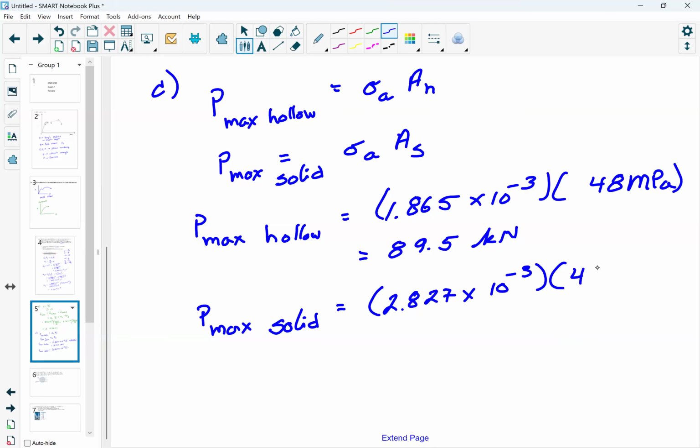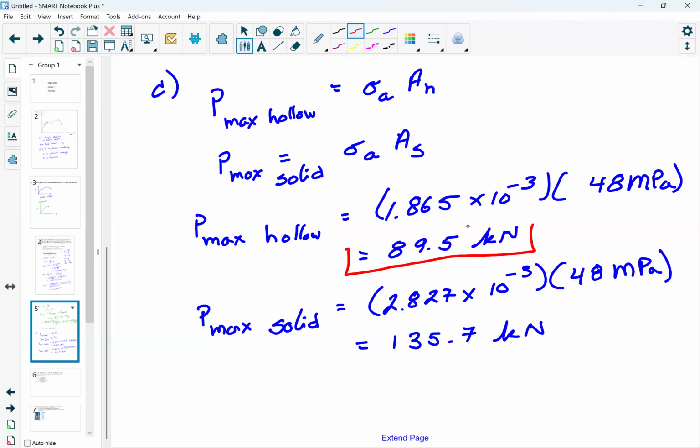So we multiply this by the 48 megapascals. And that's going to end up being 135.7 kilonewtons. All right, so as Amelia said, the solid part's going to need more force. So this is going to be our max because it's the smaller one.